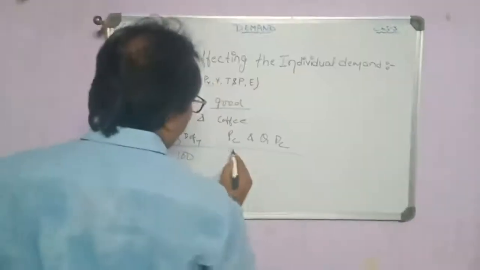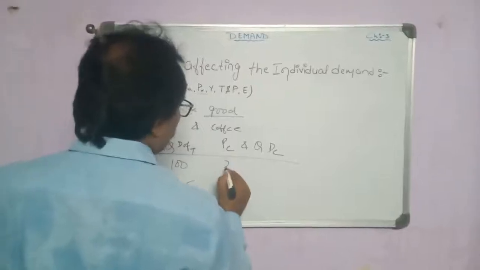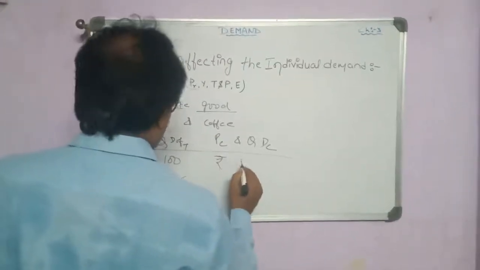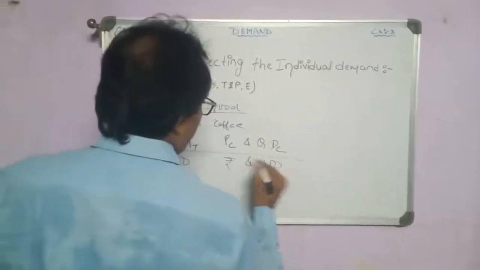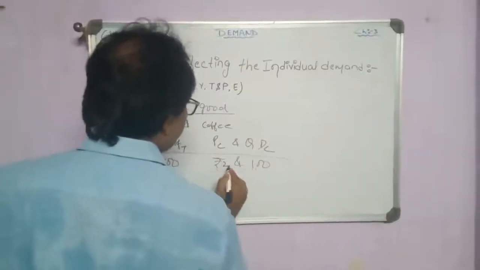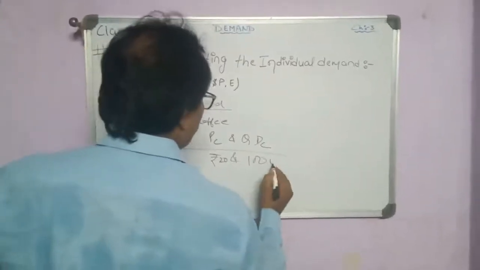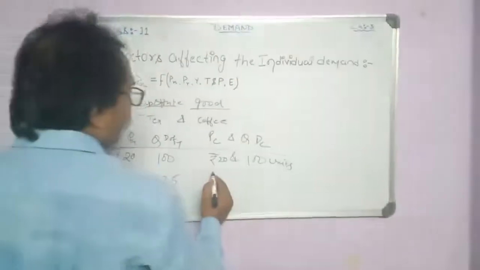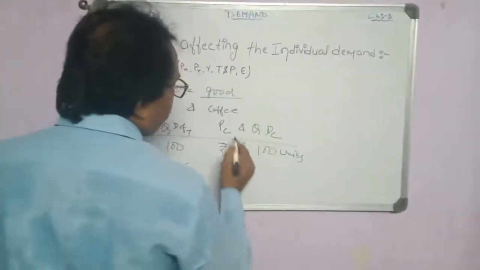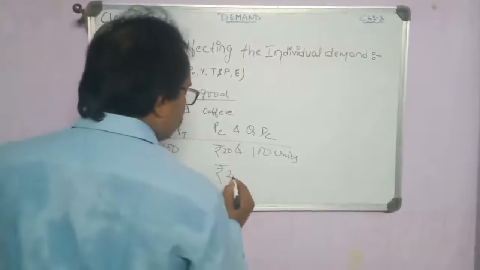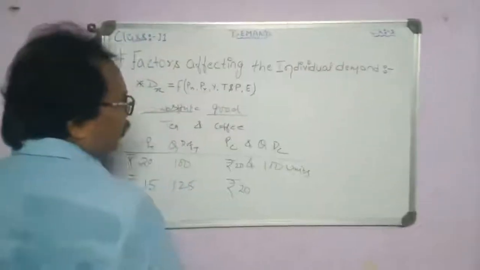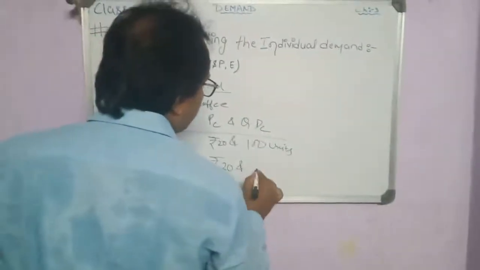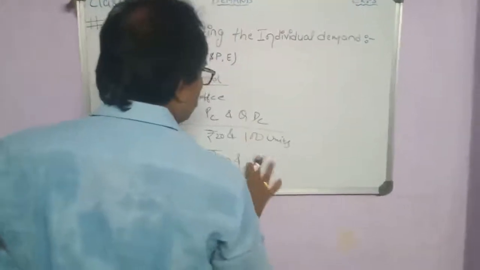Here, for the coffee, the price is rupees 20, and its demand is also 100 units. And again, there is no change in the price. The price of the coffee is again constant, that is rupees 20, but the demand has decreased, suppose to 70.